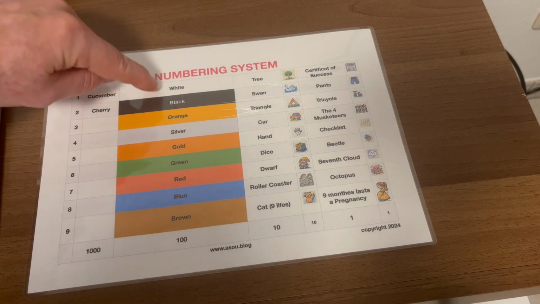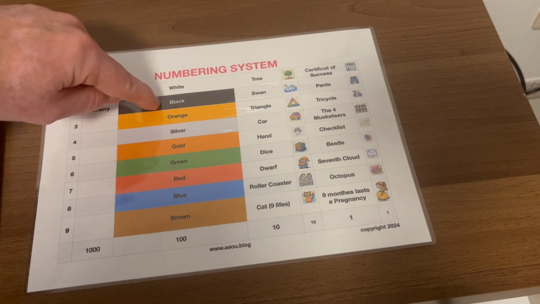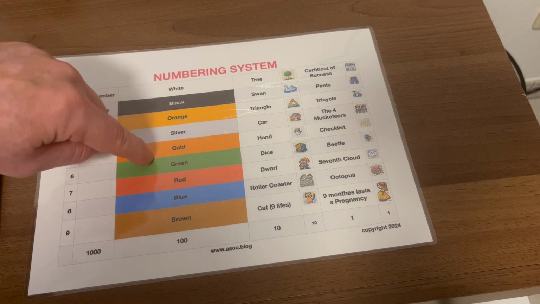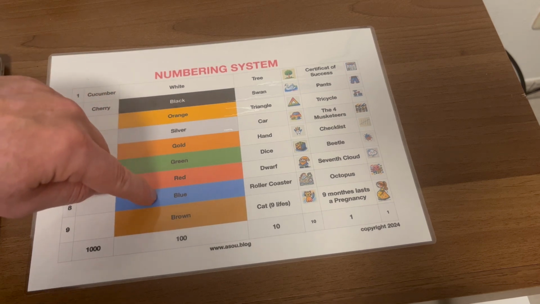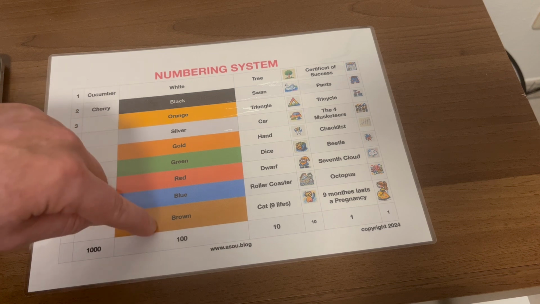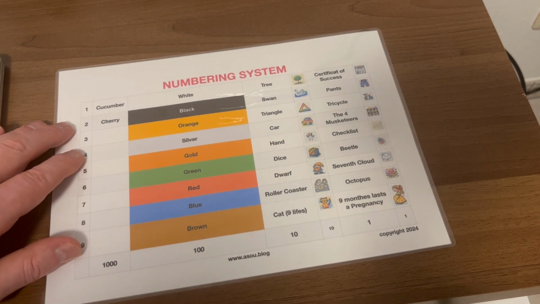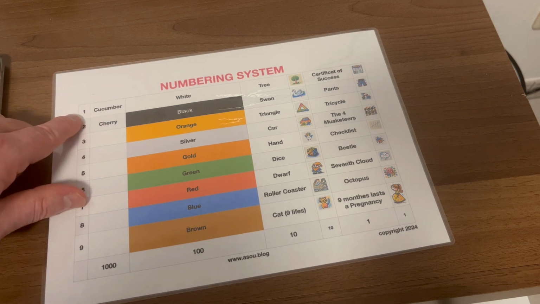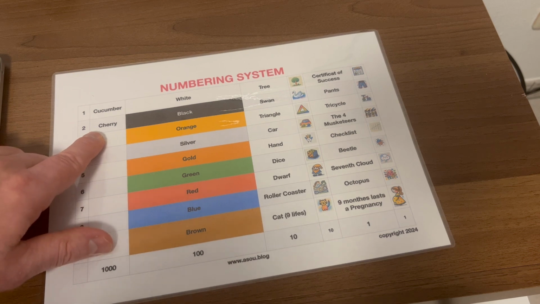1 is the color white, 2 is color black, 3 is orange, 4 is silver, gold is 5, green is 6, 7 is red, 8 is blue, and 9 is brown. And for the thousands, we have only a cucumber for 1,000, and cherry for 2,000.